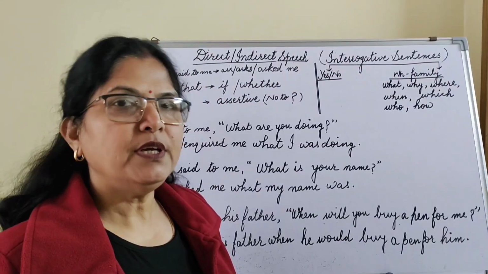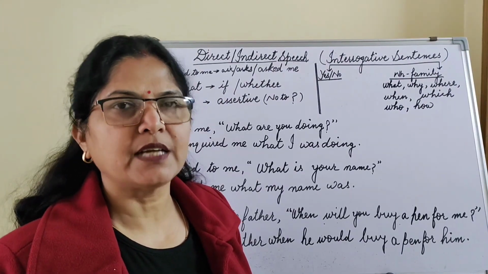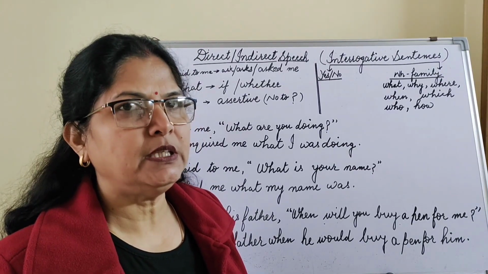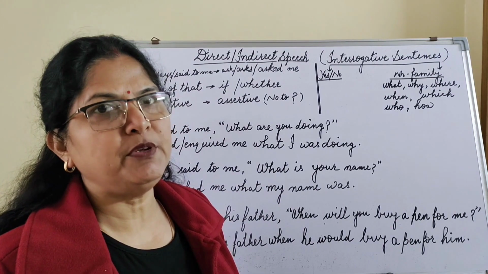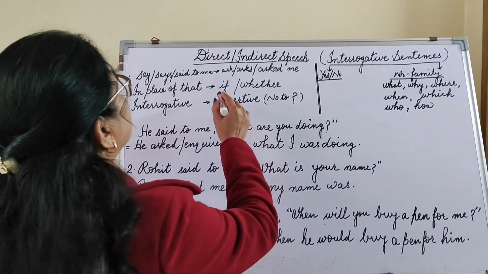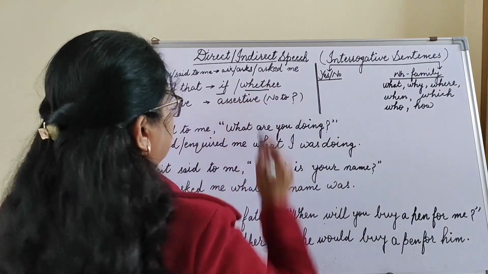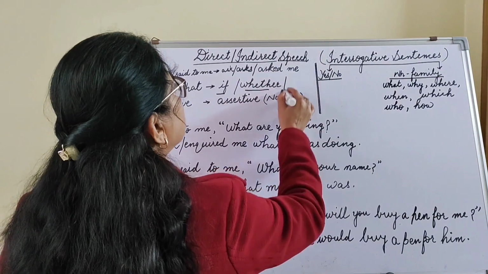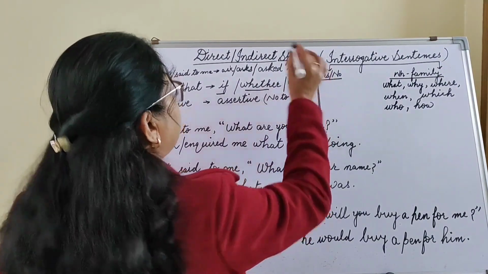Okay? Now we have to change the interrogative sentences starting with WH. Okay? And nothing special you have to remember here. Previous all the rules will be followed. But one more thing you have to remember. Now we will not use if or whether. Rather than that, we will use the WH word.